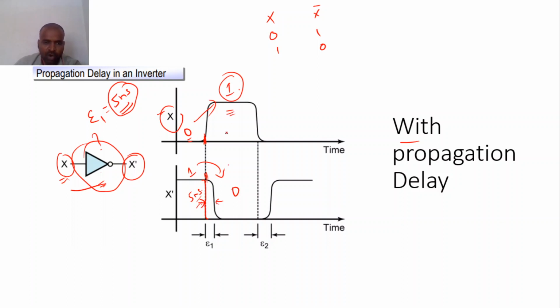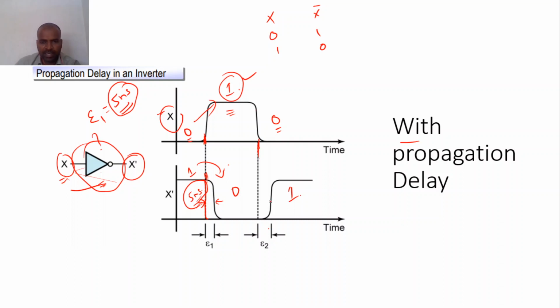Then I can change my input to 0, but again it will take another 5 nanoseconds delay to change the output. So this is what propagation delay is in time representation.